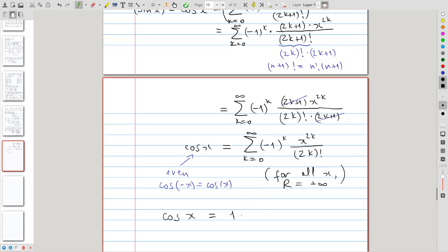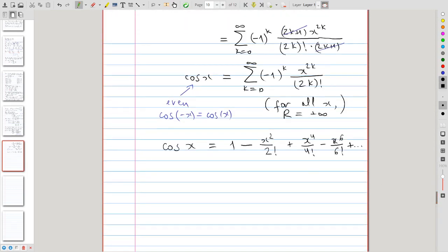Then minus, for k equal to 1, I have -1. And then x squared divided by 2 factorial plus x to the 4th divided by 4 factorial minus x to the 6th divided by 6 factorial, and so on. So the signs of the terms here are alternating, and we're only summing up over even powers of x.